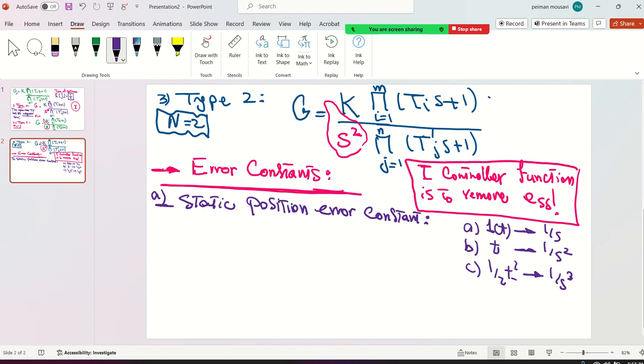So if I apply the first one, impulse, case 1, you know that e_ss, as I told you, by the final value theorem, is going to be the limit of s X(s) over 1 plus G.